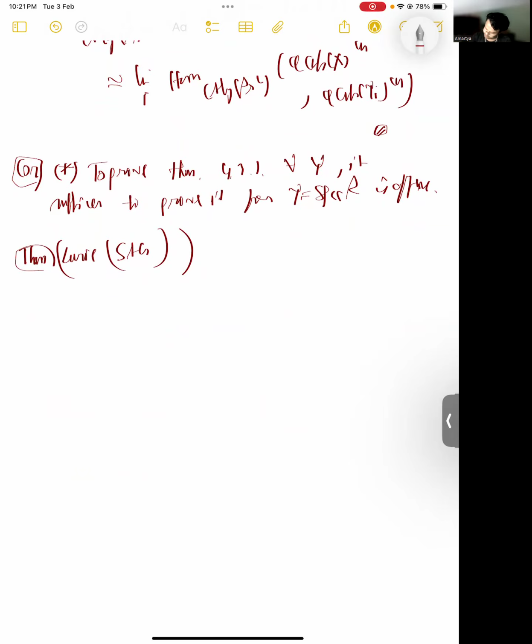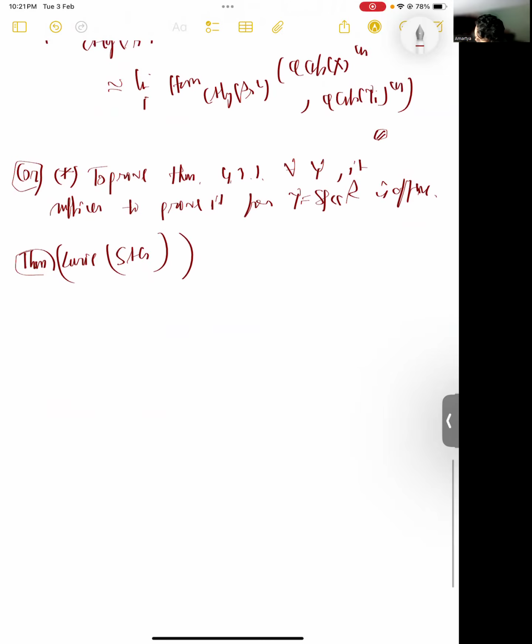Right. So Lurie's theorem. X is a quasi-geometric stack, Y is a QCQS space.